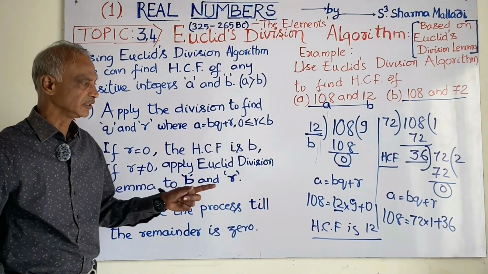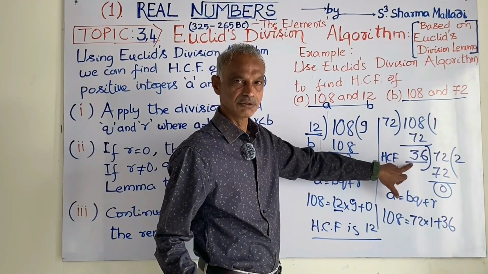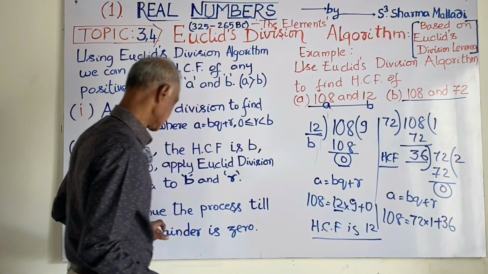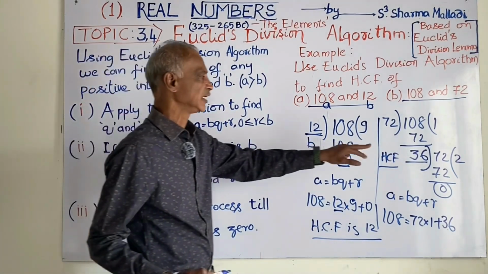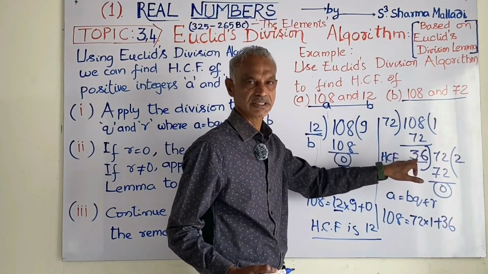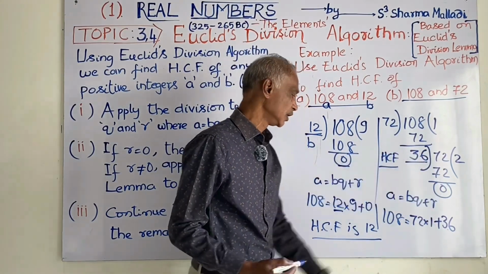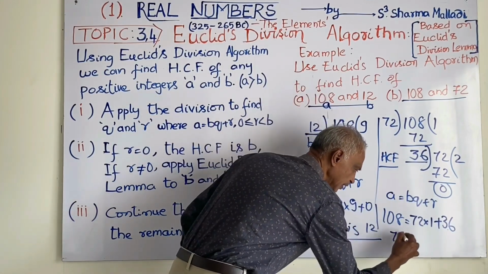We are not getting remainder as 0, so we have to continue the process till the remainder is 0. Again, I have divided 72 with 36 and you got the remainder as 0. Now, again, what do you have to do? You have to take 72. How can you write 72?